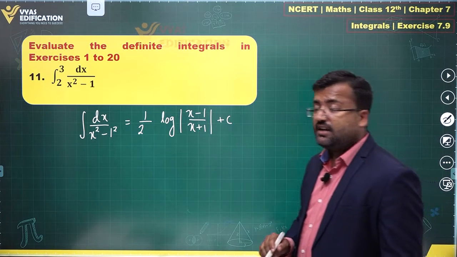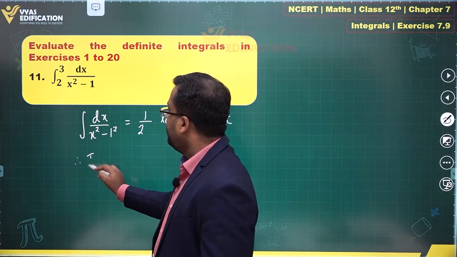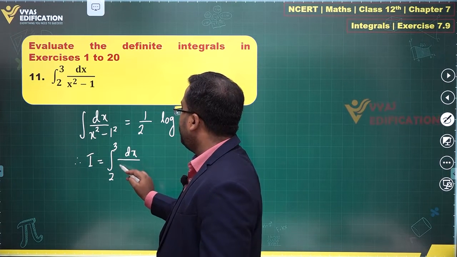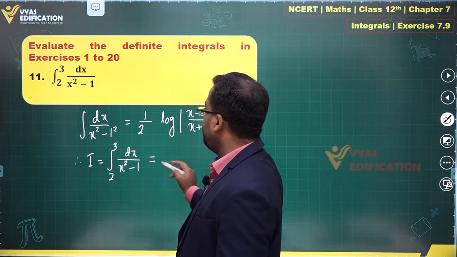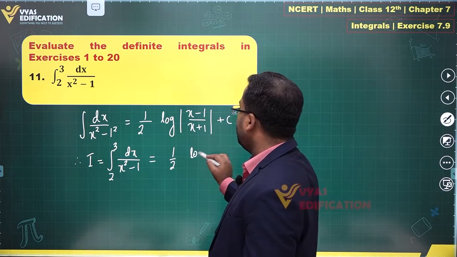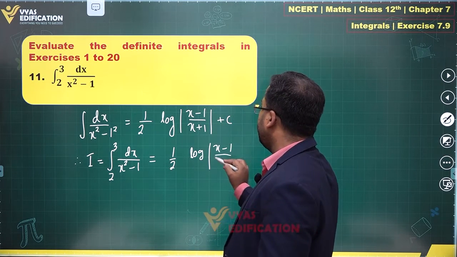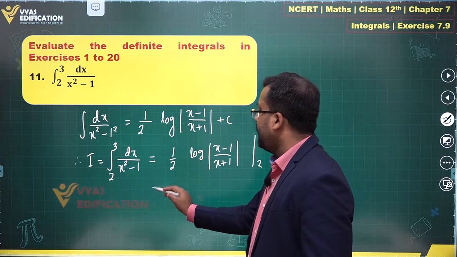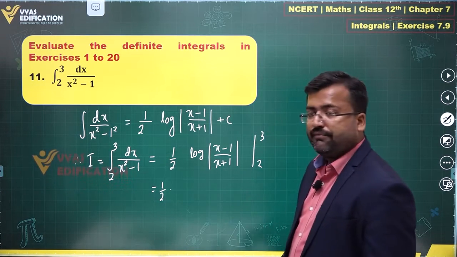That's the formula, right? So therefore I, which is integral from 2 to 3 of dx upon x square minus 1, will be equal to 1 by 2 log modulus x minus 1 upon x plus 1 from 2 to 3. This is what you have. So 1 by 2 is okay.